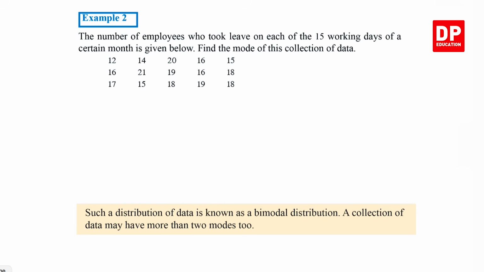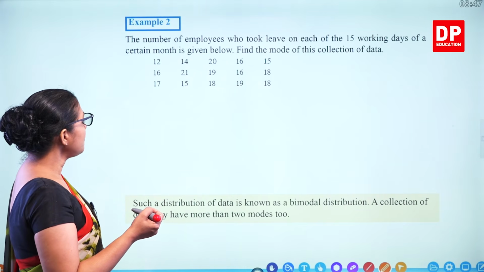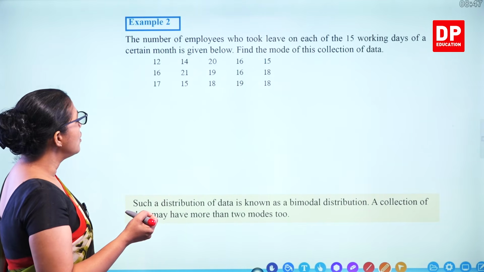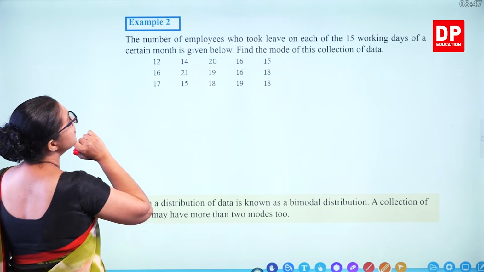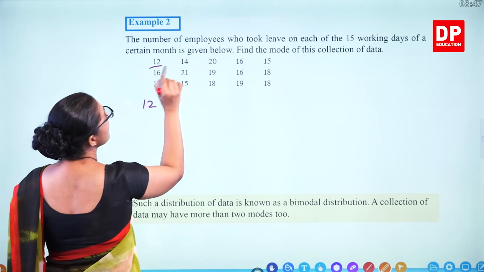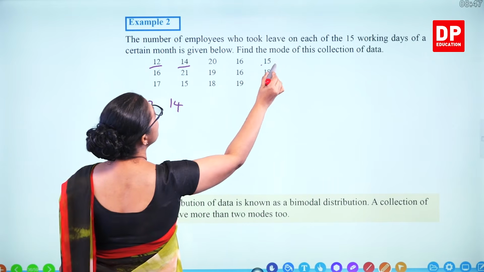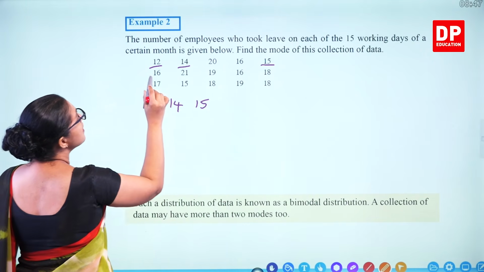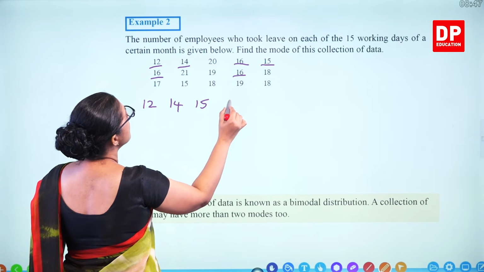Example 2. The number of employees who took leave on each of the 15 working days of a certain month is given below. Find the mode of this collection of data. Again, you have to just rearrange this in ascending order and see. 12. Then I see 14, 15, 16, 3 times.